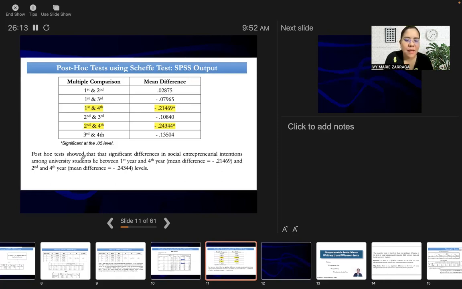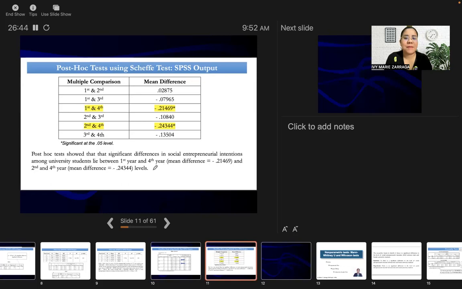Then, for the presentation of the results and the findings, post hoc tests show that the significant differences in social entrepreneurial intentions among university students lie between first year and fourth year with mean difference of 0.21469 and second year and fourth year with mean difference of 0.24344.